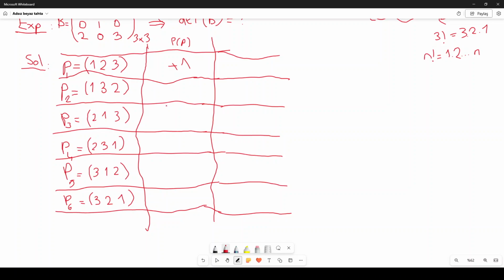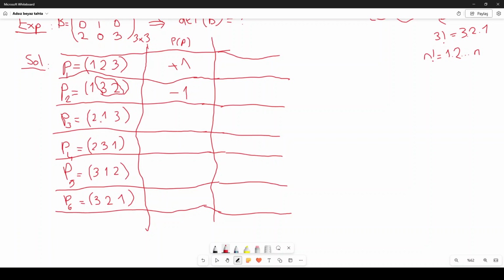Okay, how about 1, 3, 2? Alright, I look at P2, and as you notice, if I switch the second and the third positions, then I will restore P1, so only one change would be enough, which is an odd number, so this sign is equal to -1. How about the third one?